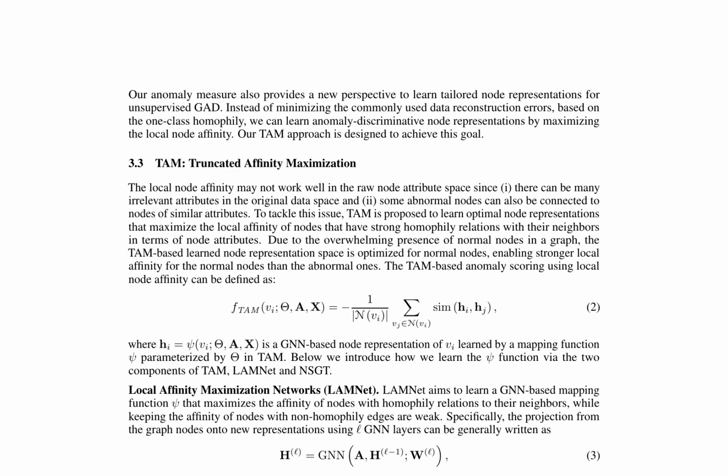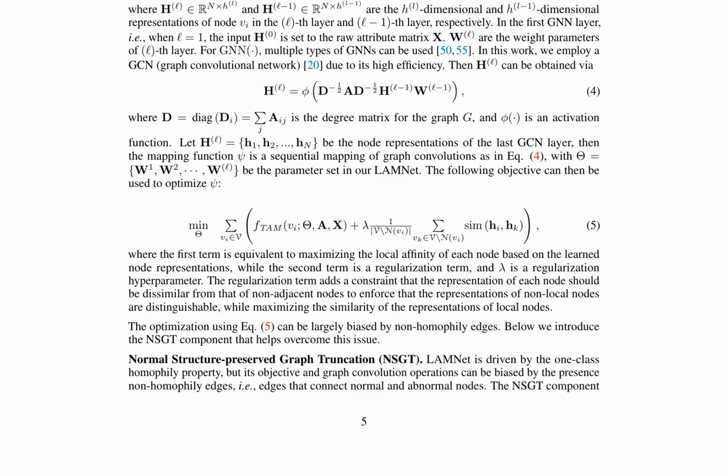On the other hand, NSGT helps overcome biases from non-homophily edges, which are connections between nodes with different attributes. The optimization process in TAM involves minimizing a loss function that balances the local affinity and the dissimilarity from non-adjacent nodes. This process ensures that normal nodes have stronger local affinity compared to abnormal ones, making it an effective tool for anomaly detection in graph data.